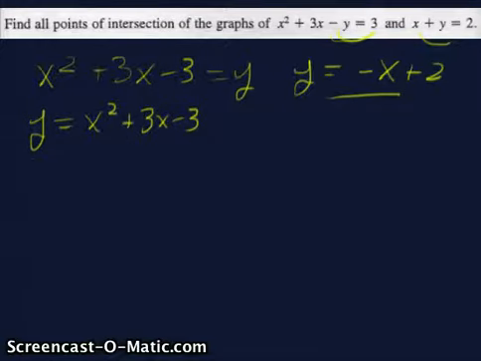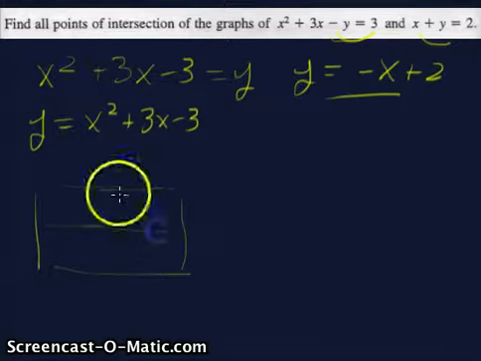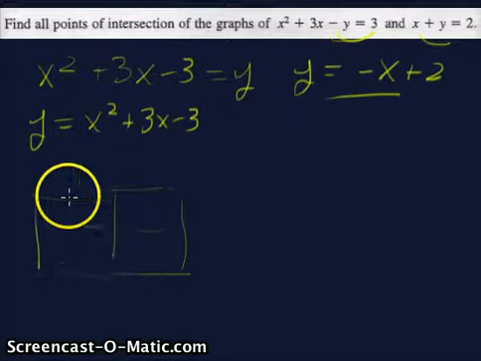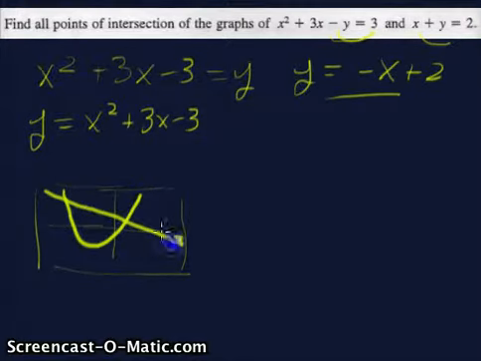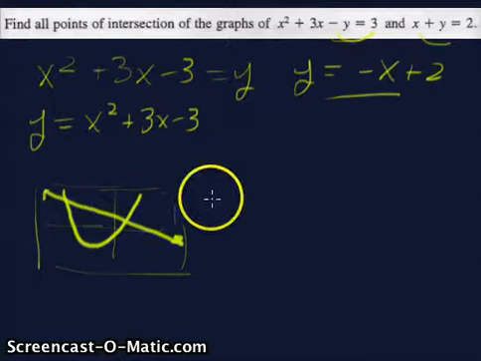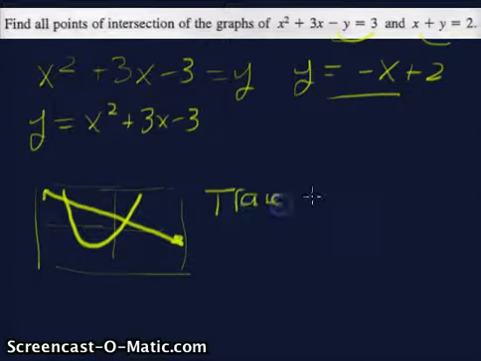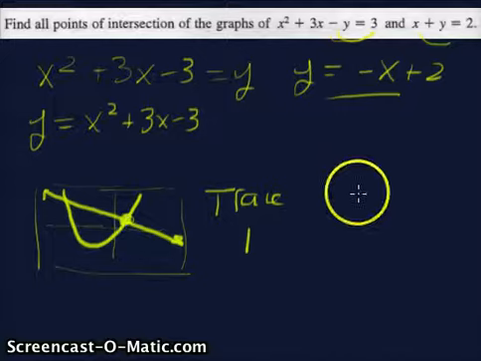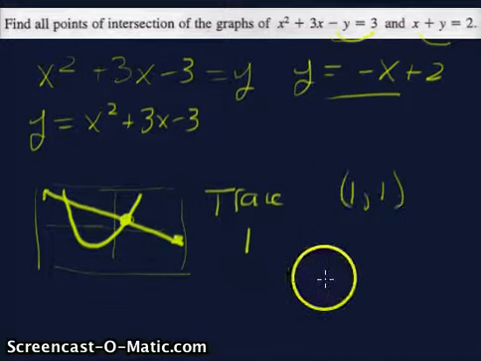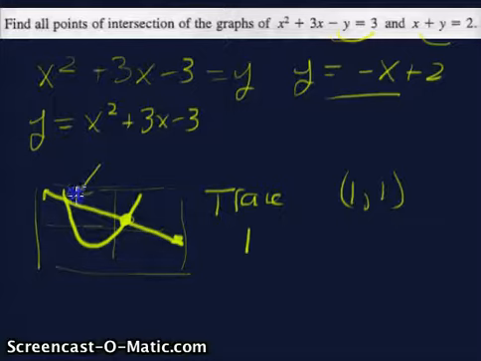All right, a little sketch, having done that on the graphing calculator. So here's the x and the y-axis. The parabola looks like this, and the line looks like this. Now you could use your trace key and then just hit the number 1, and if you do that, you will get this location right here, so you know 1 comma 1 is a point. And then you're trying to find this other point over here.